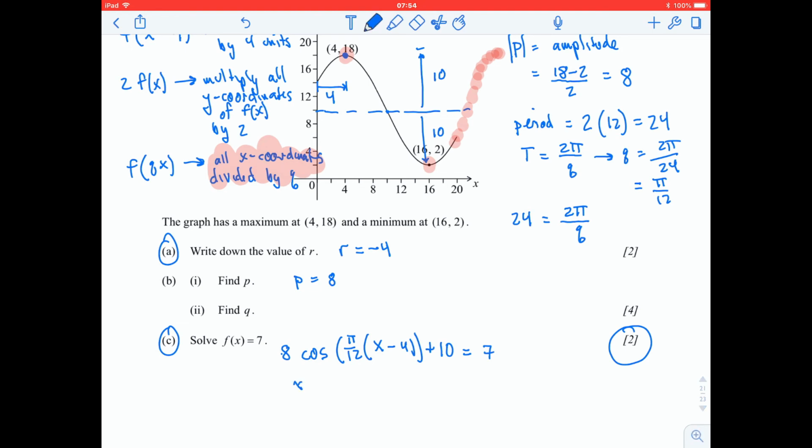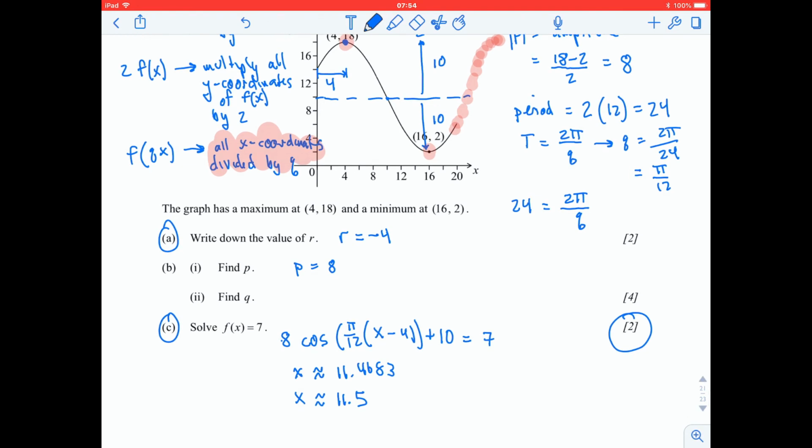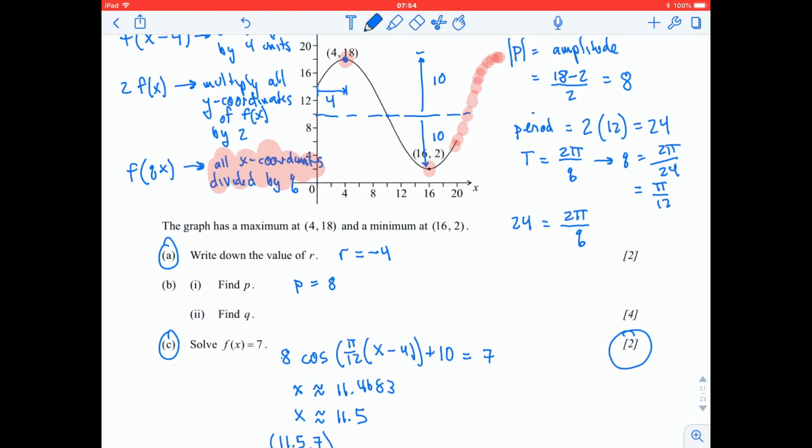The solution you get is that x is approximately equal to 11.4683, but of course we're going to report that answer to 3 sig figs and write it as 11.5. One option that IB gives you is if you come up instead with coordinates of 11.5 and 7, that's also an acceptable solution. All right, so that'll do it.